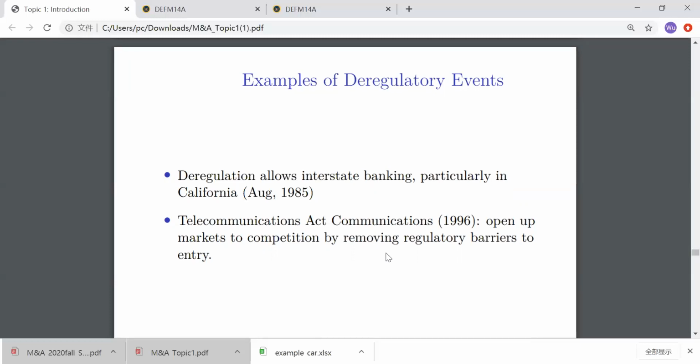And if you are in other states, you can also enter California, right? For example, if you are JP Morgan Chase in New York, right? You can enter California by establishing a JP Morgan Chase branch, San Francisco, for example, right? This is allowed in the deregulation that was approved in 1985, right?